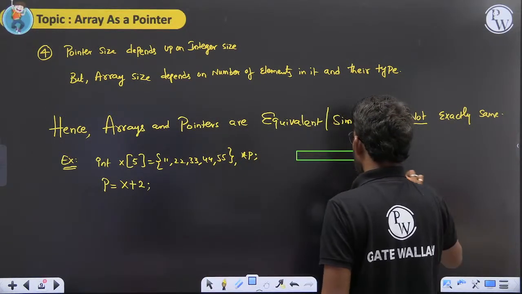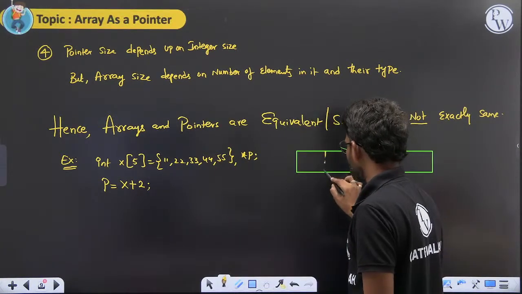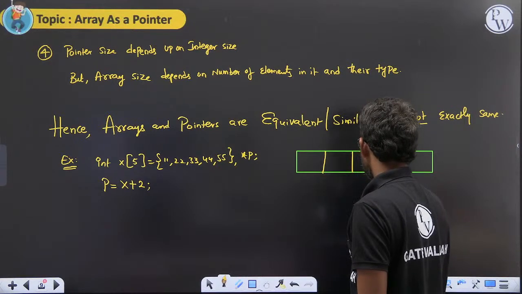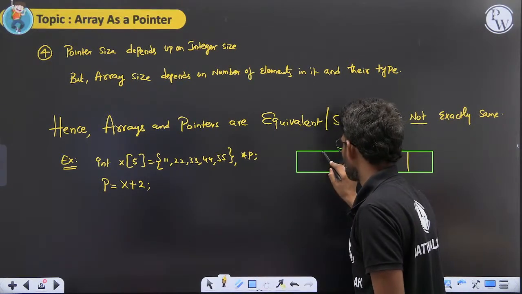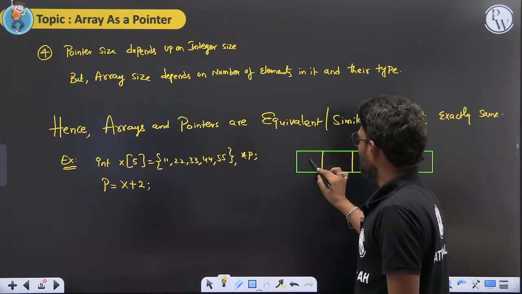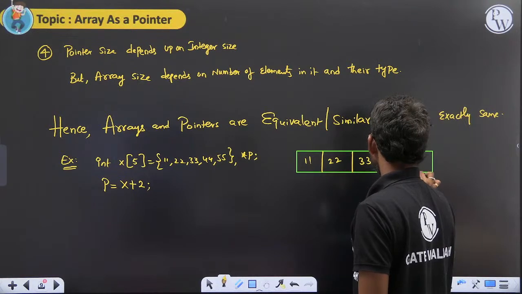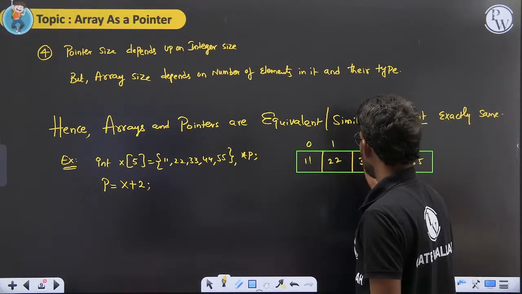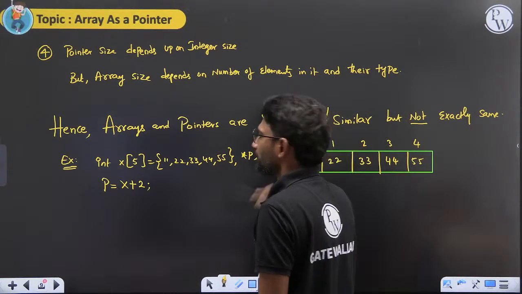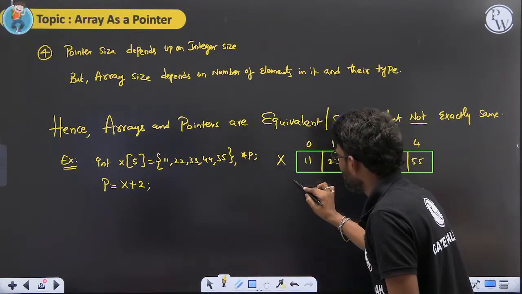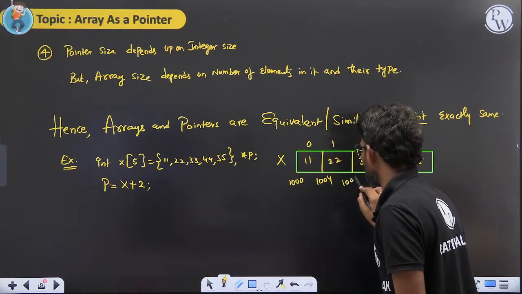So what I have taken is an array of 5 elements with the values 11 to 55, with indices 0 to 4. Let the base address be 1000 and one element size is 4 bytes.